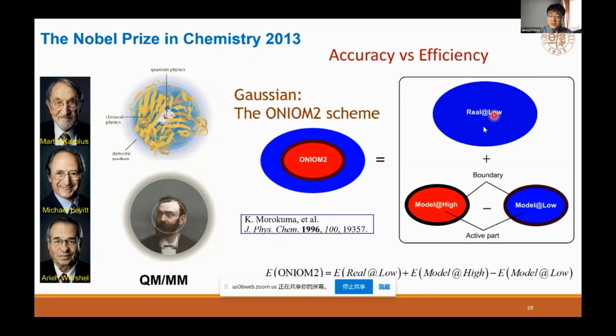Suppose we have a molecule which is too big, so we can only describe it at a low level. But suppose we have an active center, which is going to be described at the high level. Then ONIOM-2 takes the form of adding the real system at low level and the model system at high level, and subtracting the model system at low level, to avoid the double counting.